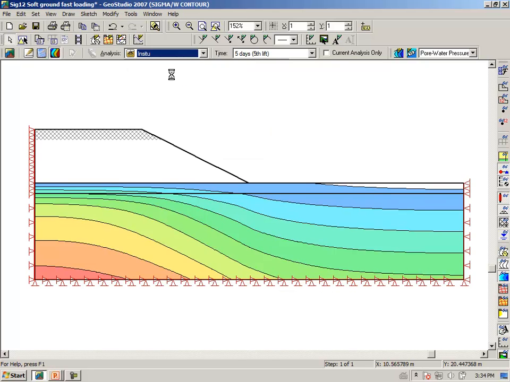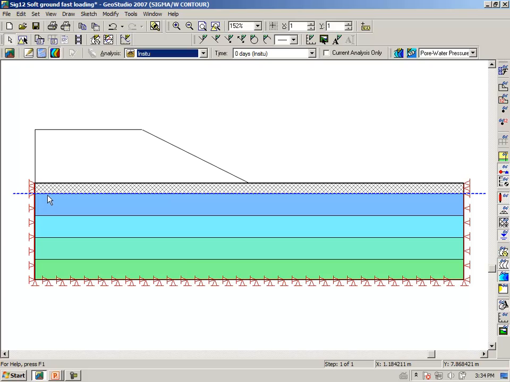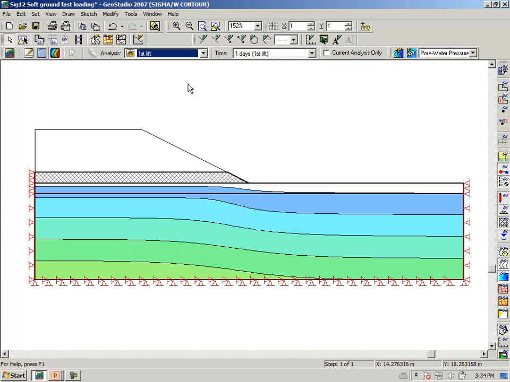and look at the in situ case, of course, the 0 pressure is at the position of the original groundwater table. Looking after we place the first lift, notice how the 0 pressure line has risen. In other words, water has been squeezed up into the original desiccated layer.